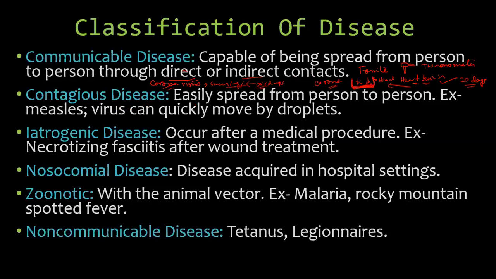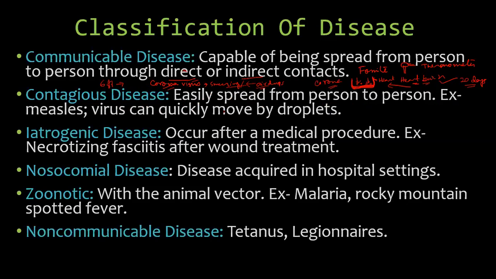Contagious disease is easily spread from person to person, like measles. Like this person, if you are inside the same room, you don't even have to touch, you don't have to be closer. Like for coronavirus, if you maintain 6 feet distance, you are fine, because you are not breathing the same air.